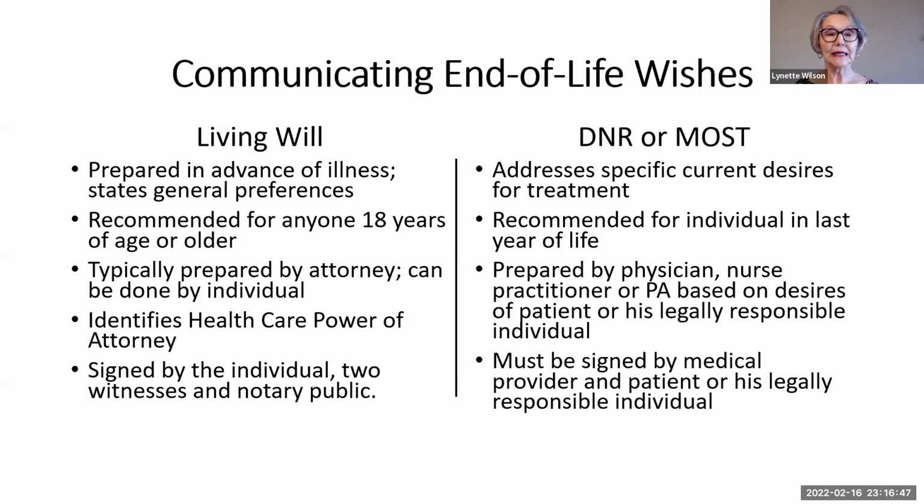It's recommended that anyone over 18 years of age have a living will, and that's certainly not something we think about in the general public. Those documents are typically prepared by an attorney, but they can be done by the individual, and you will find formats online for doing your own living will.